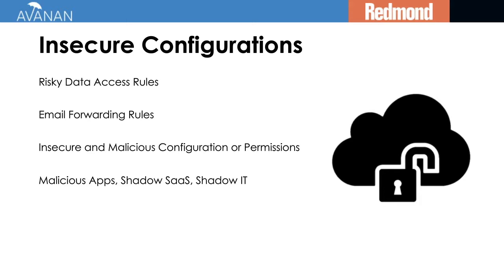Whether that person's malicious or doing it accidentally, we're not trying to assign blame so much as identify a risky rule. Or someone's forwarding their email to their personal account. Not only may that be against your policy, but it's obviously a very risky thing to do. It's also what a malicious person might do. So when we identify these insecure and malicious configurations, we can identify not only instantaneously, but also historically, and then follow a trail to identify a breached account.